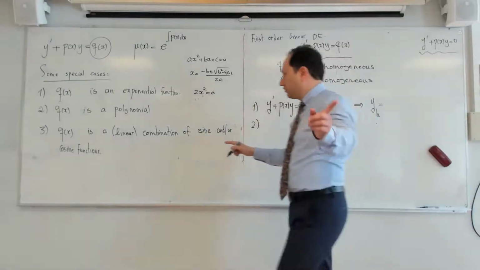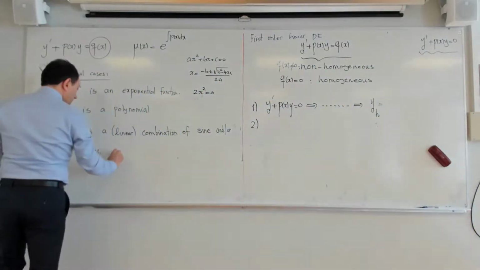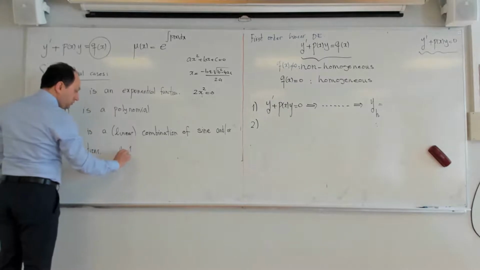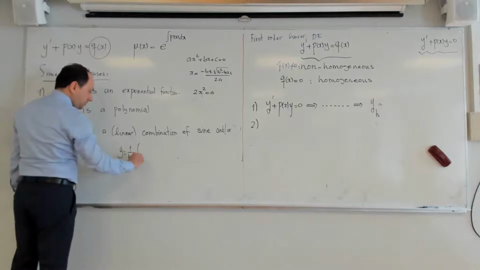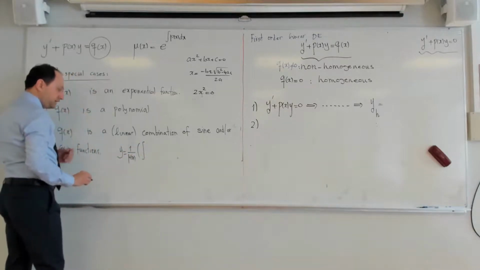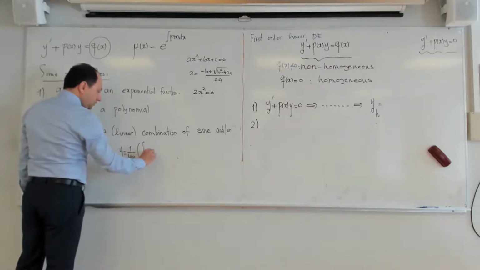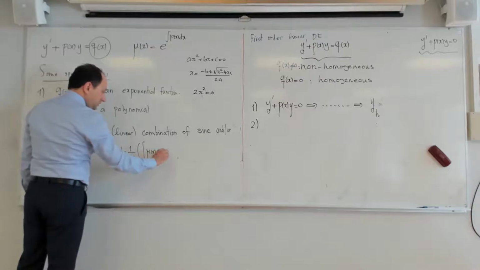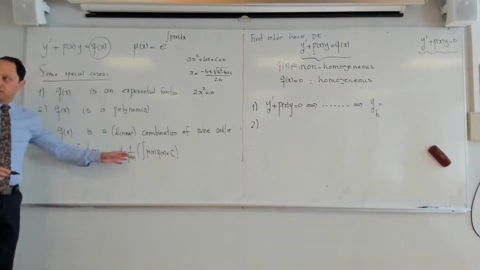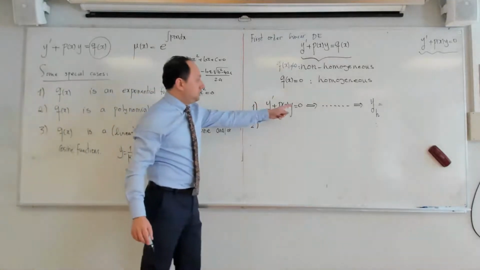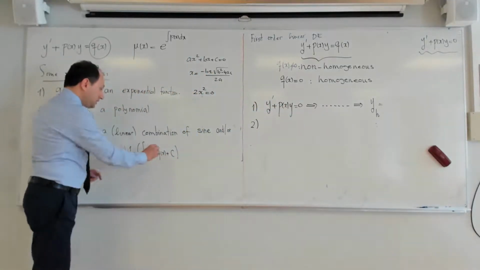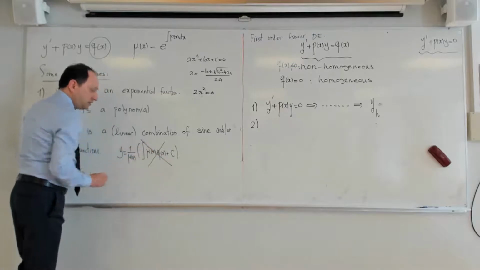Do you remember, if you go back to what I wrote for you, y was this formula. Do you remember? It was 1 over mu of x times the integral of mu of x times q of x, plus a constant. That was the general formula. In the case of the homogeneous one, q of x is equal to 0, so this is totally gone.